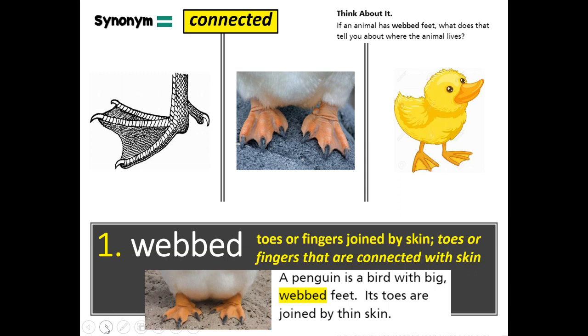Think about it. If an animal has webbed feet, what does that tell you about where the animal lives? You could also say if an animal has connected or joined feet, what does that tell you about where the animal lives? Connected by skin, that is. So, number one is webbed.